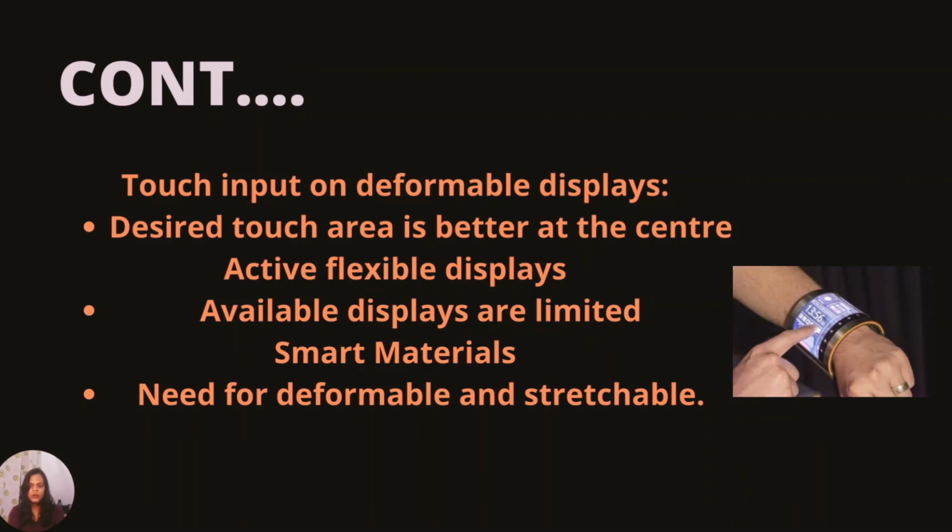In contrast, the participants touched all over the display for dual deformations with a shape-retaining material. A simple spatial differentiation is not sufficient in this case. More advanced techniques need to be developed, for instance based on the shape of the touch point or on the normal forces involved. Well, based on the previous findings, for touch input on deformable displays, the desired touch area is better at the center.